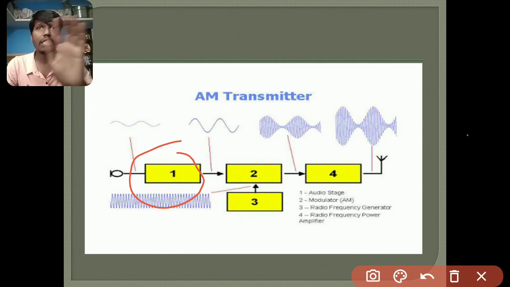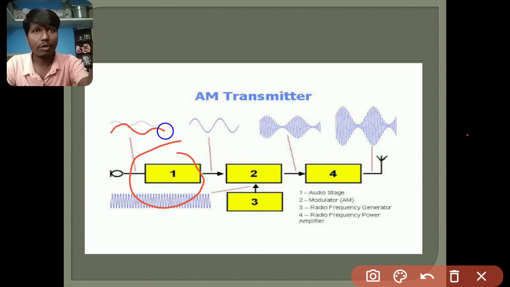Carrier wave means we have to see the buffer amplifier and RF amplifier, that is the first. We have to trace this carrier waveform. And the second one goes to the output: the RF section goes to the output, and we have to see the amplification process of the waveform.